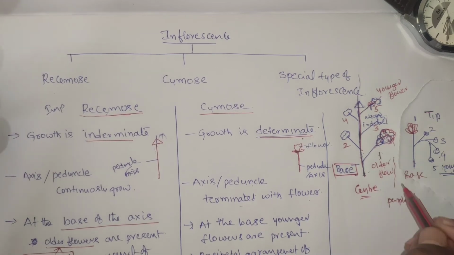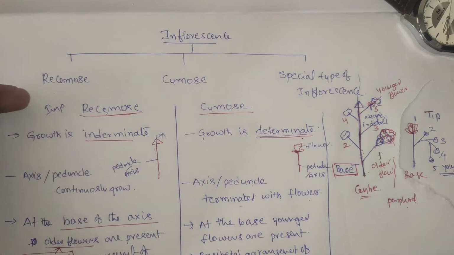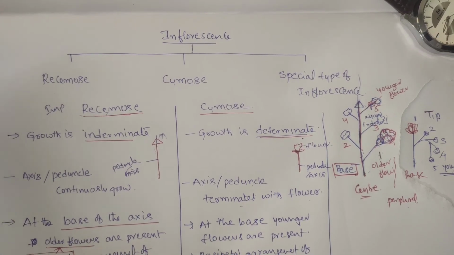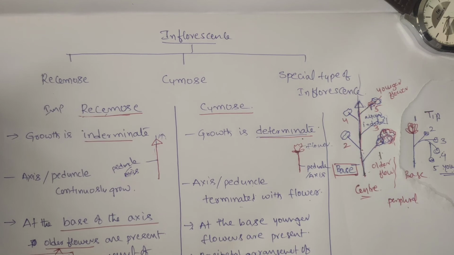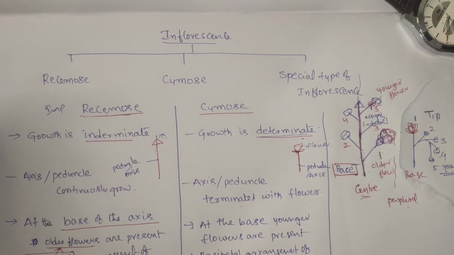This type of opening of flowers is called centripetal. Opening of flower is centripetal, which means peripheral flowers open first.